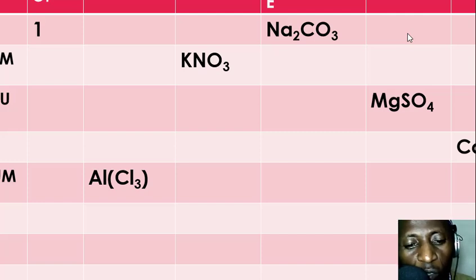You can scroll back and check on the valency of each of those elements or radicals.